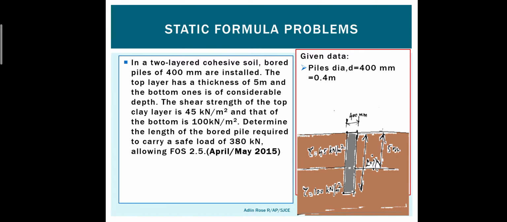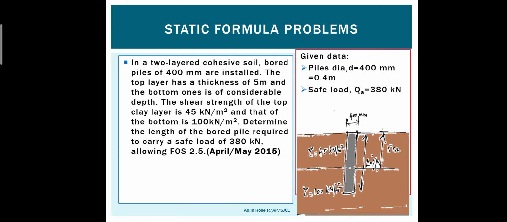Determine the length of the bored pile. To find the length of the pile, they have given the safe load, allowing a factor of safety of 2.5. Now what is safe load? Safe load is nothing but allowable load. The allowable load is given, which is 380 kilonewton, and the factor of safety is 2.5.